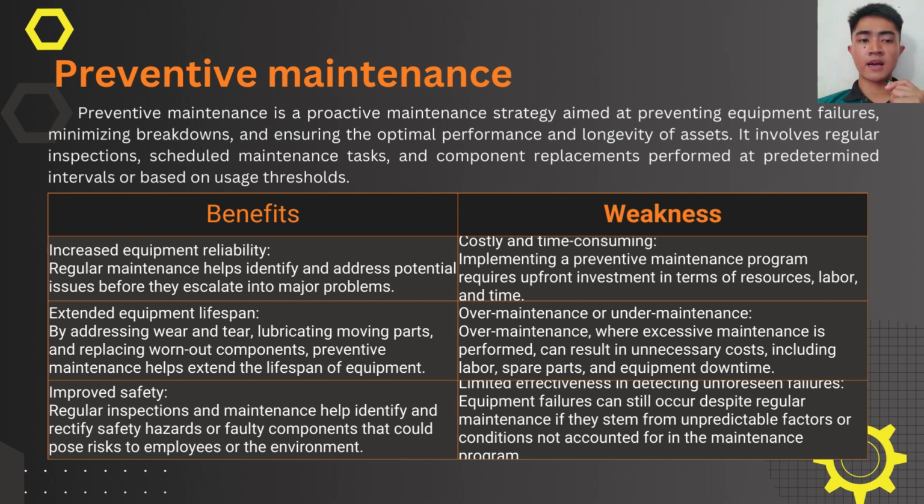The weaknesses are costly and time-consuming, which is implementing a preventive maintenance program requires upfront investment in terms of resource, labor, and time. Over maintenance or under maintenance, which is over maintenance, where excessive maintenance is performed, can result in unnecessary costs, including labor, spare parts, and equipment downtime.